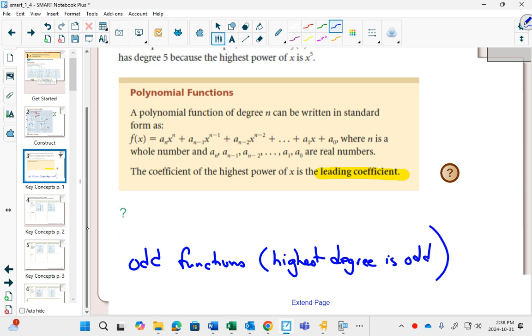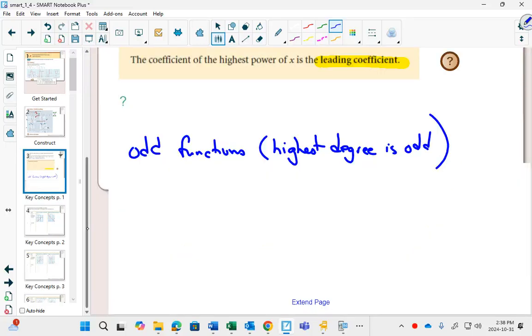So these are lines, these are x cubed graphs, x to the 5, x to the 7, x to the 9, and so on. If the highest degree is odd, then we can make the following note, that the end behavior acts like lines.